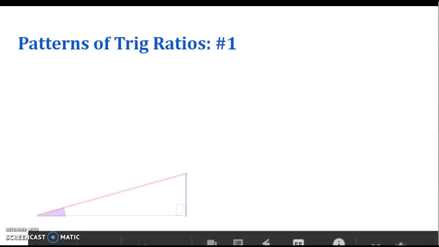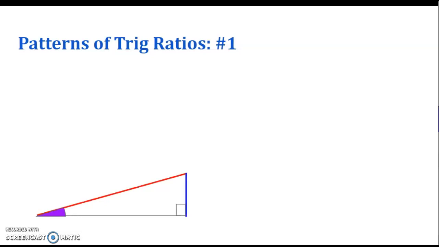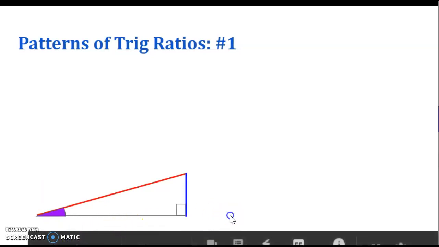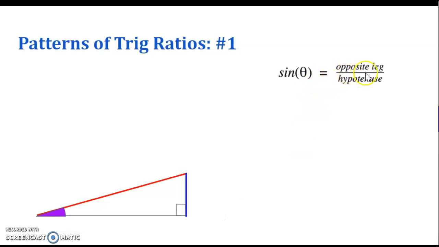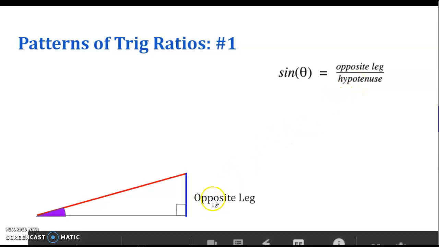One of the things we noticed about trig ratios is that sine of theta is always the opposite leg over the hypotenuse length. So this is the opposite leg, and the hypotenuse is the red side. Let's just fix the hypotenuse to be 1.